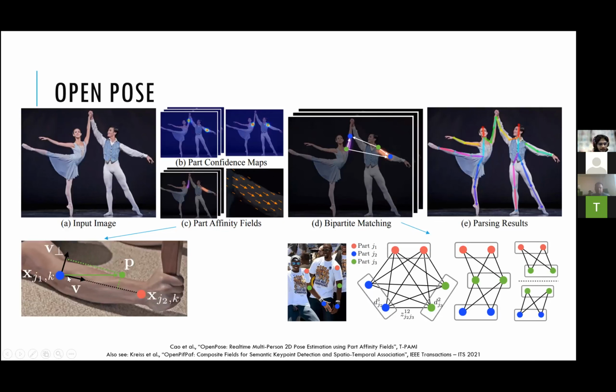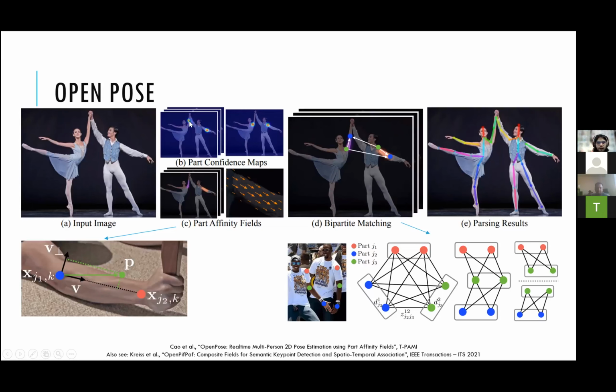So given x_j1, that is key point 1, and given key point 2, we generate a field from x_j1 to x_j2. And this is how the field looks. For any point that lies within this particular joint region, there is a field. For all other points, there is no field.